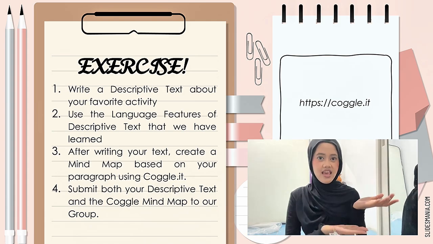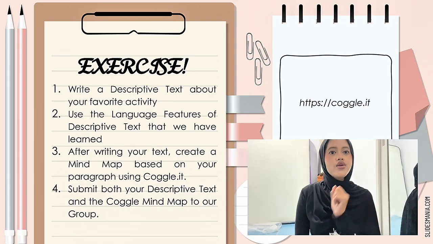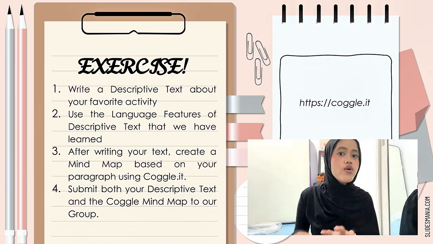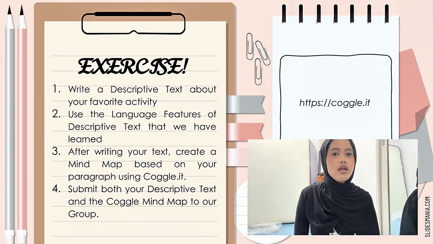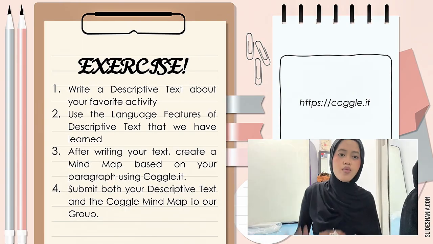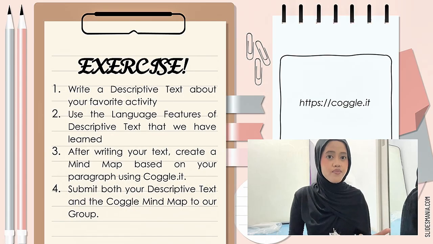So your task is, the first, you are going to write a descriptive text about your favorite activity. And the second, use the language features that we have learned today, simple present tense, adjectives, and so on.